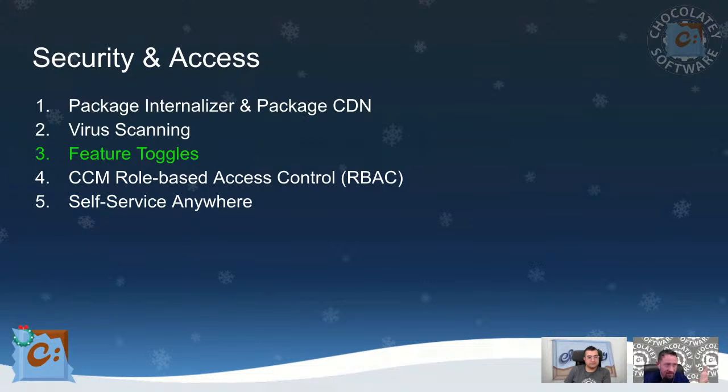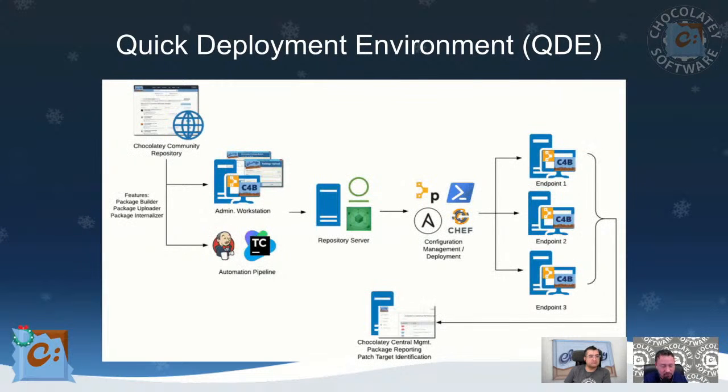But we don't want a tech running around all over the place trying to get the software installed for them, and we don't want them to have to log in and remote into their machines. So I'm freeing up my techs, and I'm giving those people the power to install their own software, and I'm not losing my security posture in doing that. I could do that securely over the internet, and our team can definitely show you how to do that. That comes a lot with the QDE thing that we're going to talk about in a bit.